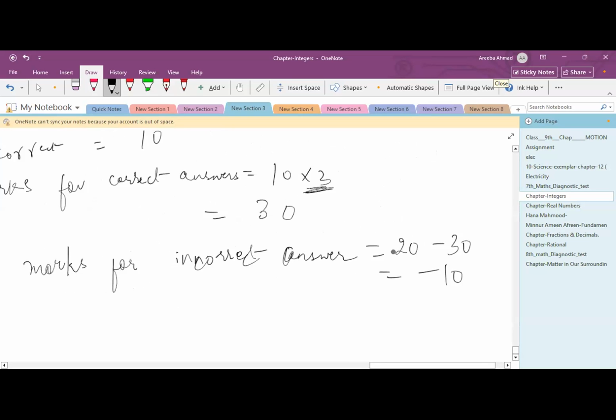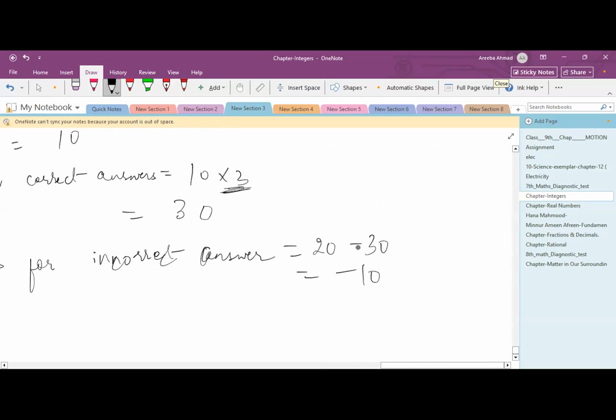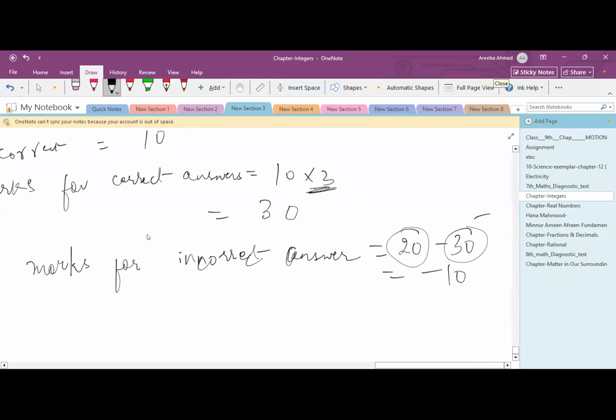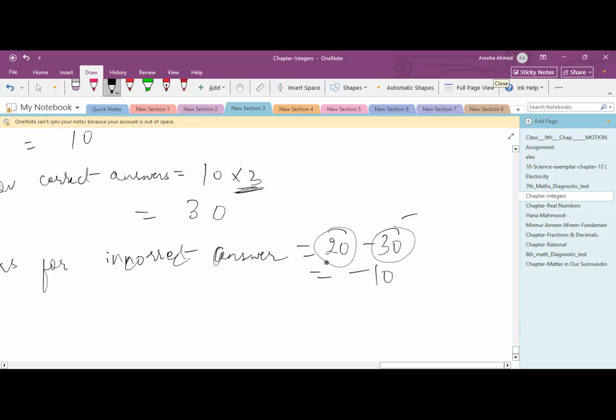Because we're removing the correct answers' score from the actual score, the actual score minus the positive score. 10 into 3 we did because she got 10 correct answers and plus 3 for every answer. Then we're subtracting from 20 because she scored 20. So I've got minus 10.